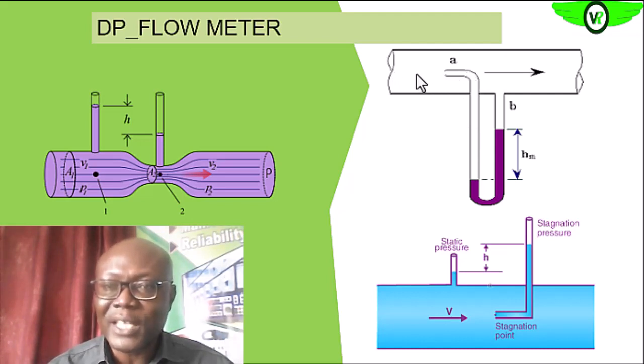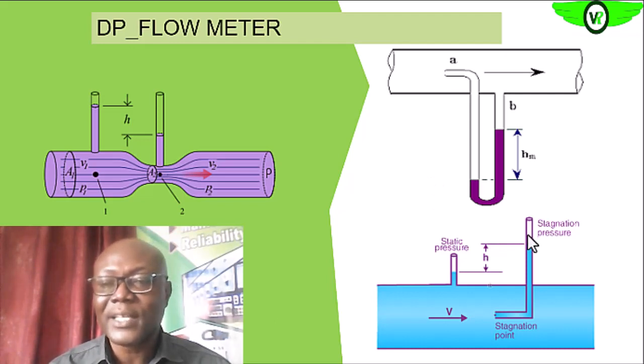Which means that as the flow rate is increasing, the pressure on this tube will also be increasing, and that will increase this leg of the manometer. So the differential pressure will be going up as the pressure is increasing. These two legs could be connected to a differential pressure transmitter, and that will help us to look at the pressure on the line.